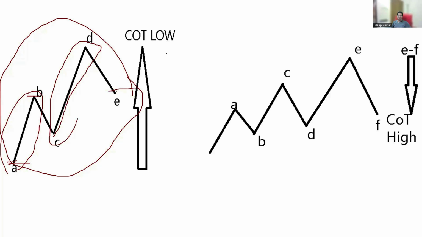Let's say the 5 minutes is over, and in the next candle the prices opened somewhere here and went straight up. This also becomes a COT low, again separate. From the point where the prices closed, there was another 5-minute candle, which started and closed somewhere here, suppose.